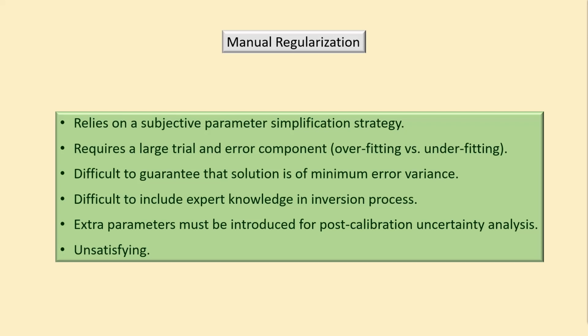And then there is the problem that once I have achieved what I hope is a minimum error variance solution to that problem of calibrating a model, I then have to add extra parameters if I'm going to do uncertainty analysis, particularly if I'm analysing the uncertainties of predictions which may be sensitive to details of hydraulic properties, the very details that I have to eliminate if I'm going to perform manual regularization.